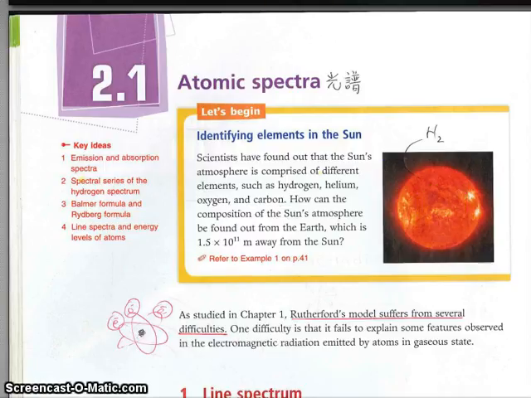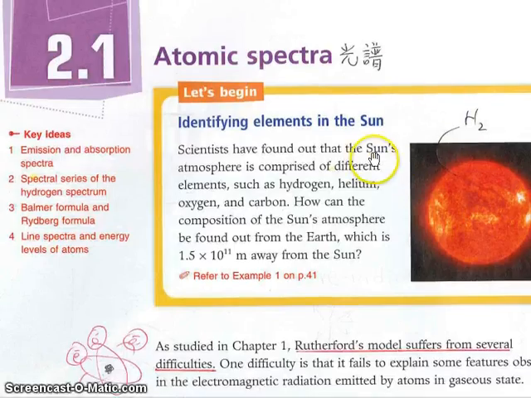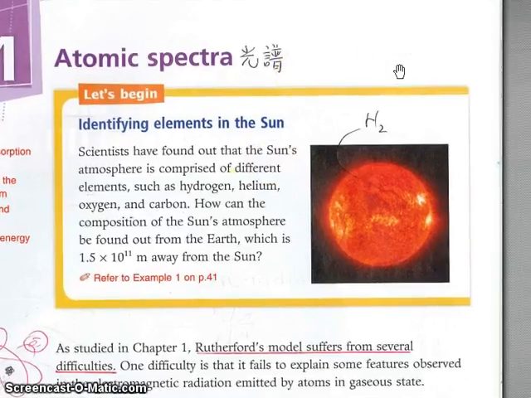Basically, the sun is a bit special because the sun is a very hot ball of hydrogen, and because of the very high temperature, light produced by the sun may have any frequency, so it produces a continuous spectrum. However, scientists find that in some very special cases, we may not have a continuous spectrum. We will explain this very soon.